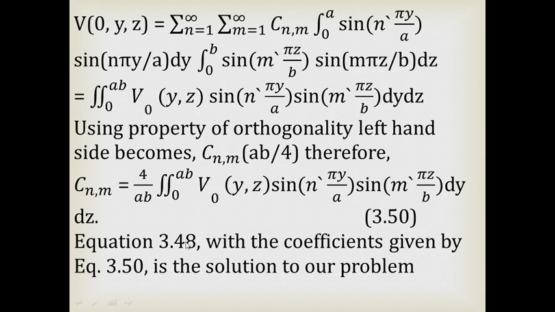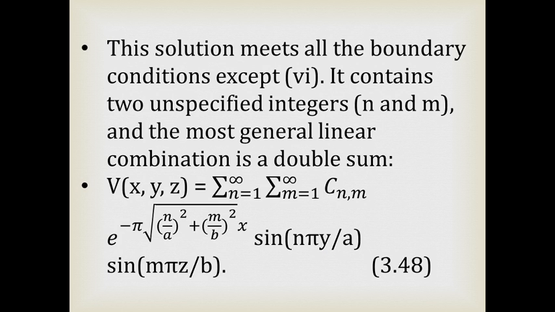So the equation 3.48 with the coefficient given by equation 3.50 is the solution to our problem. This is your 3.48, that is V as a function of x y z is equal to sigma n equal to 1 to infinity, sigma m equal to 1 to infinity, coefficient c n m times e raised to minus pi under root n upon a whole square plus m upon b whole square into x, sine n pi y upon a, sine m pi z upon b.